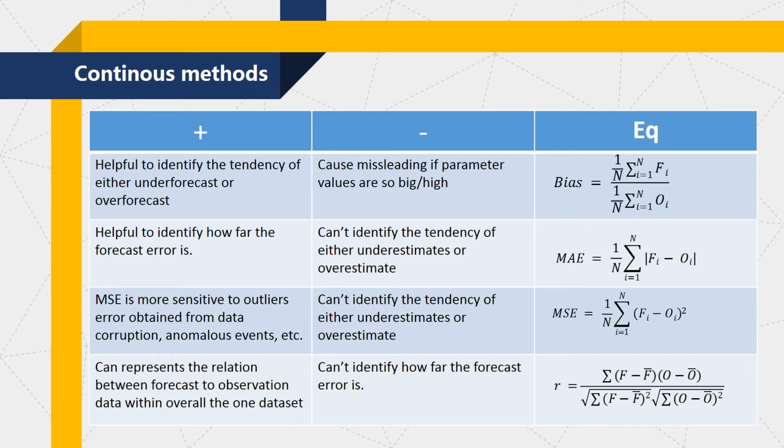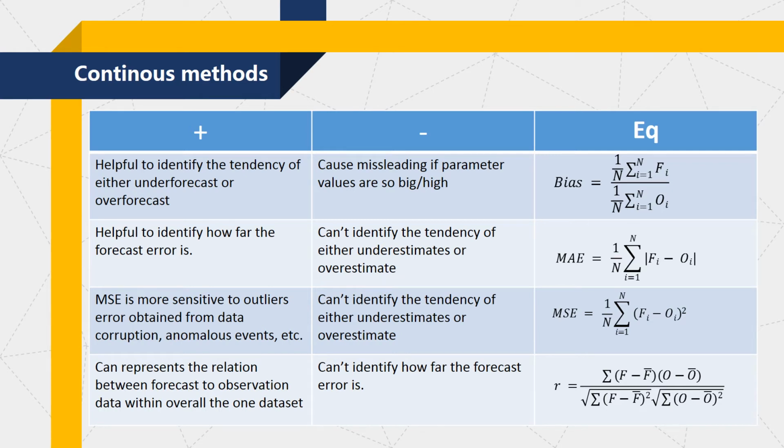And for mean square error, MSE is more sensitive to outlier error obtained from data corruption, anomalous events, and other things that cause the error. But if we use this parameter, we cannot identify the tendency of either underestimate or overestimate. It is the same with mean absolute error.